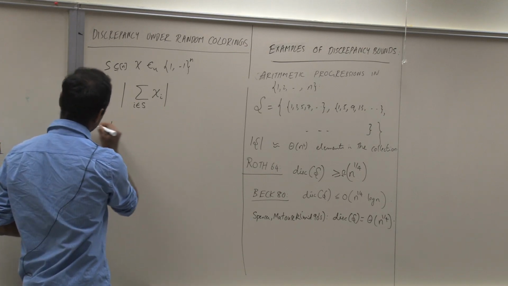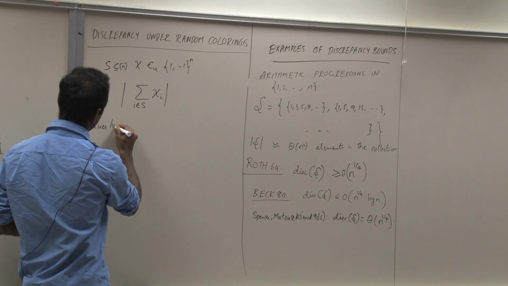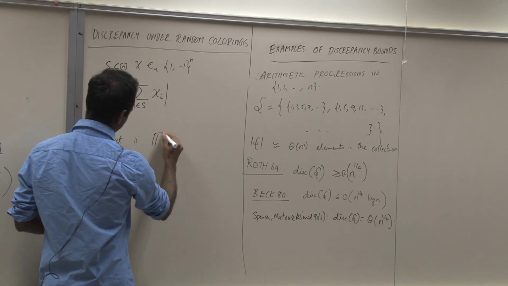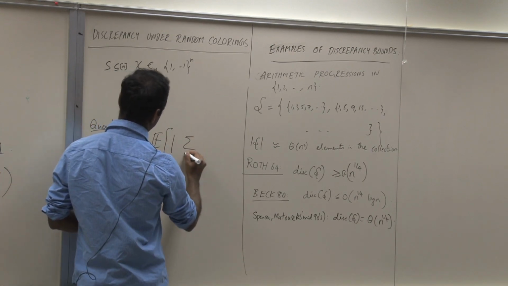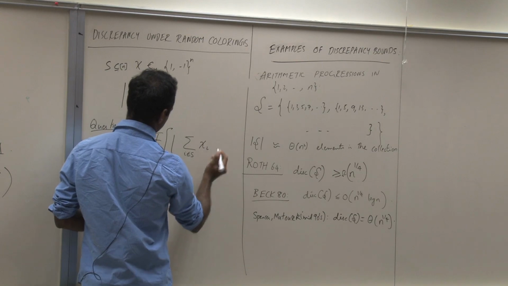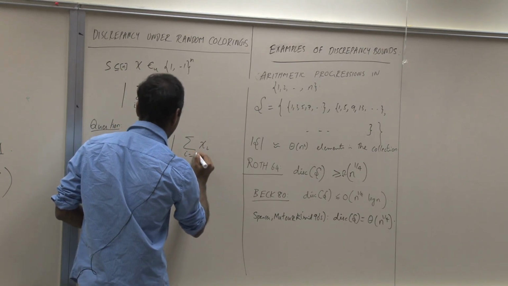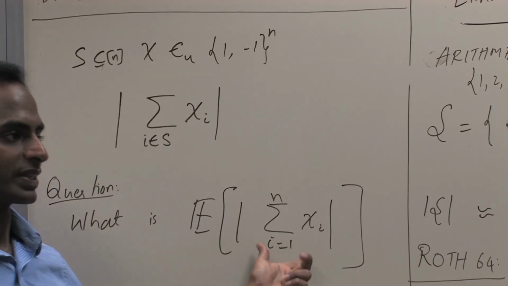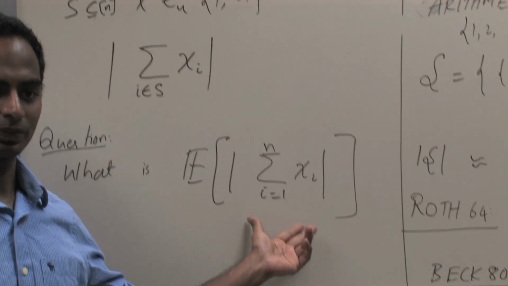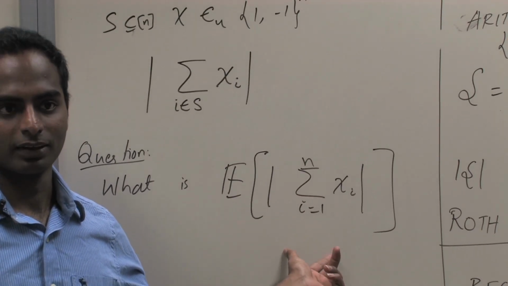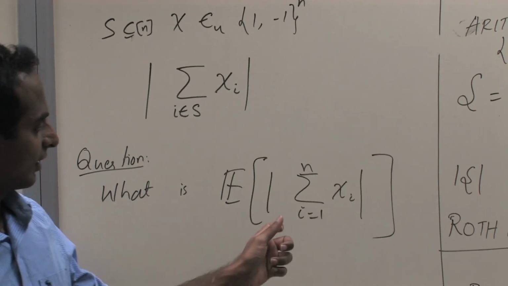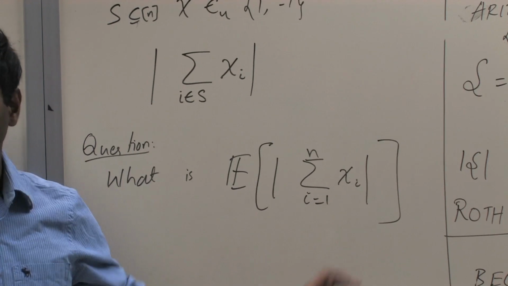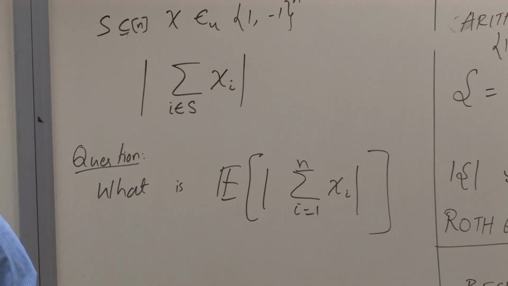So the question is, what is the expectation of, well, let's even simplify and say i equals 1 through n. So if I take n plus or minus 1 signs, what should the expectation be? N is always an upper bound because each one is at most 1, but we should expect some cancellations, right?